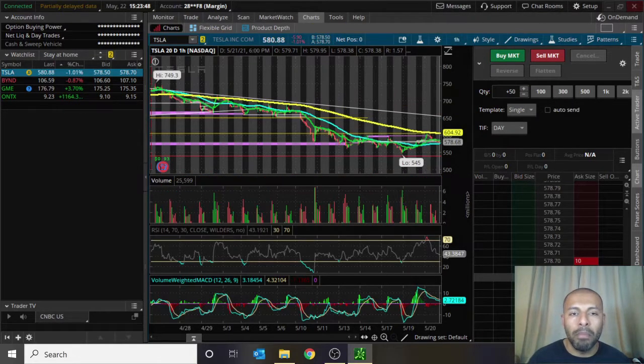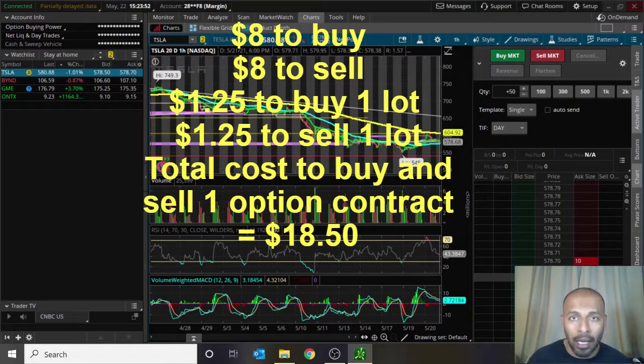So if you buy one lot, you're really paying $8 to buy it plus $1.25 for that one lot. And then when you're selling or closing it, again, $8 plus $1.25. So each complete transaction is going to cost you $18.50 just for one contract.